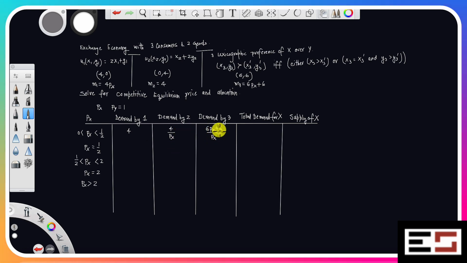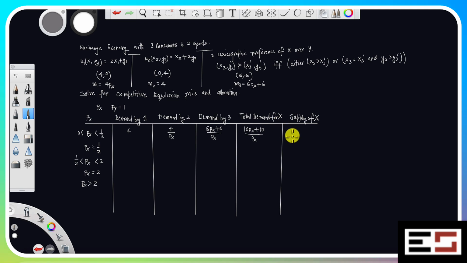Okay, and if you add them up, you'll get the total demand for X at price Px, where Px is between 0 and half, and that's going to be 10 plus 10 by Px.